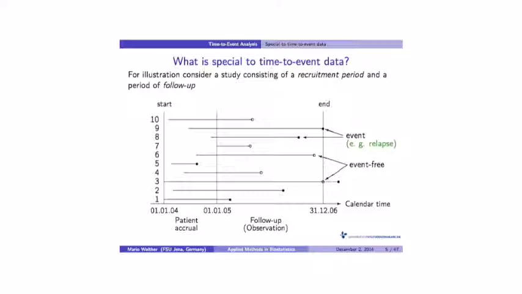The third patient was recruited at the beginning of the study and then was observed until the end of the study. And here you see that for some patients, the event of interest, for instance, the patient relapsed or died or was cured, is marked with a filled circle, and for some patients, the event of interest during the study period doesn't occur, which is marked with an open circle.